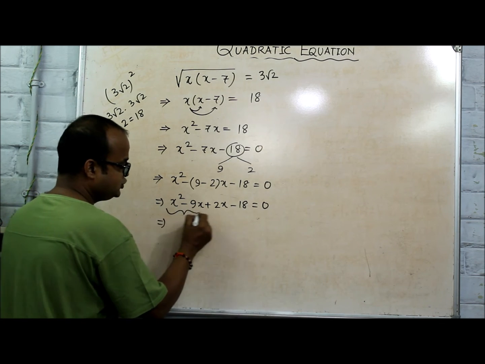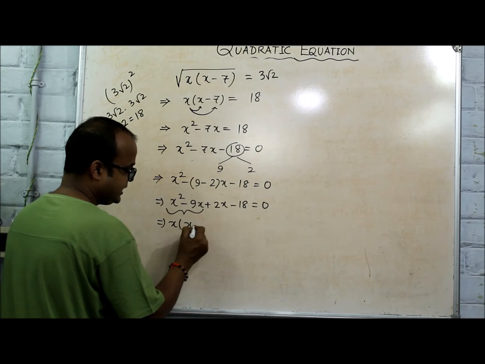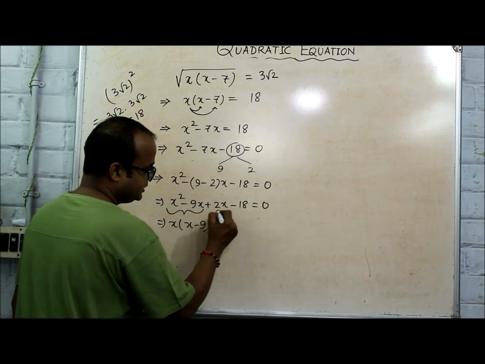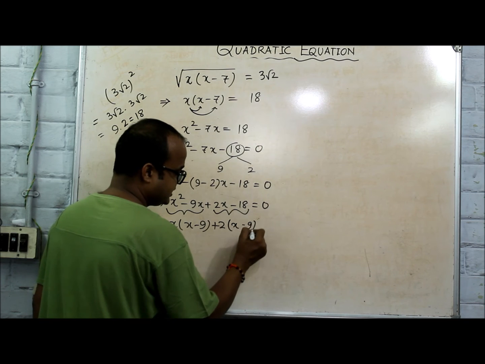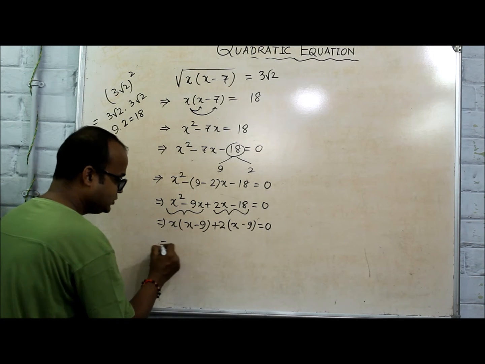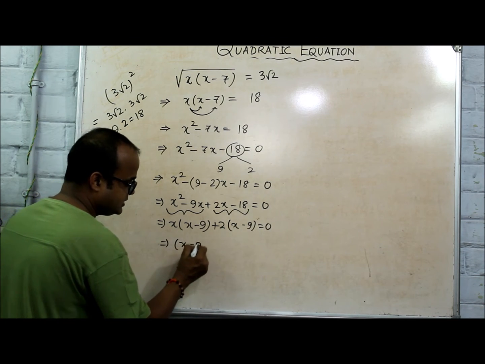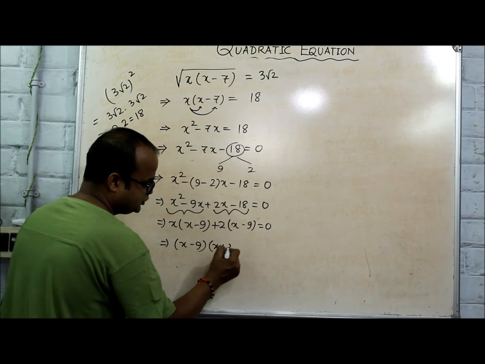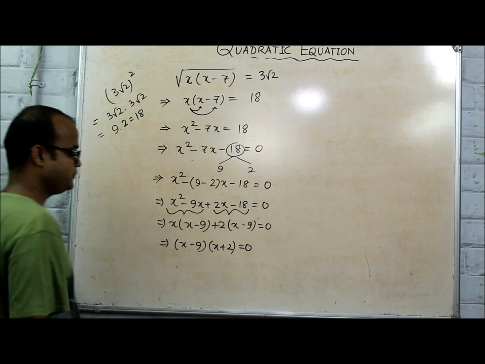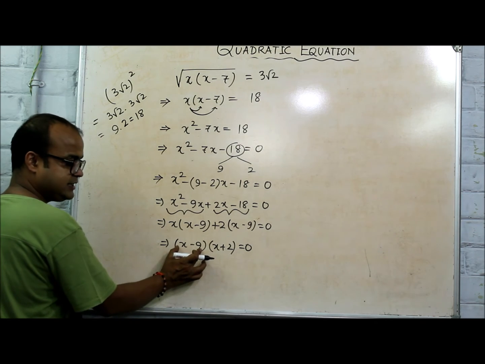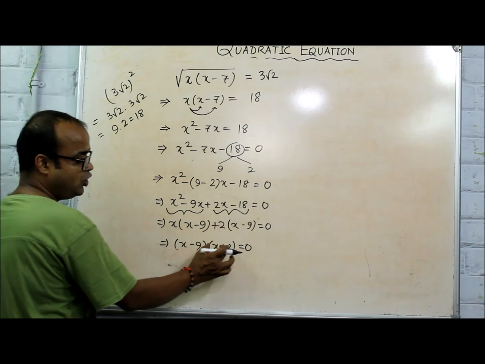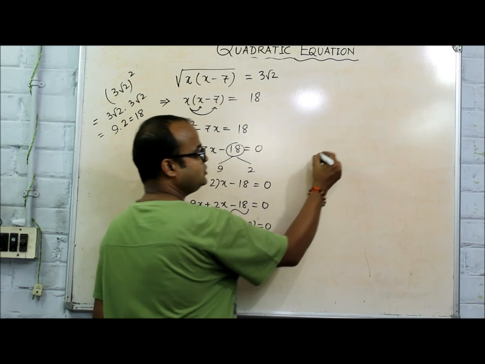From the first two we'll take x common, x minus 9, plus from the last two we can take 2 common, x minus 9 is equal to 0. So it implies x minus 9 times x plus 2 is equal to 0. That is, either x minus 9 is equal to 0 or x plus 2 is equal to 0.